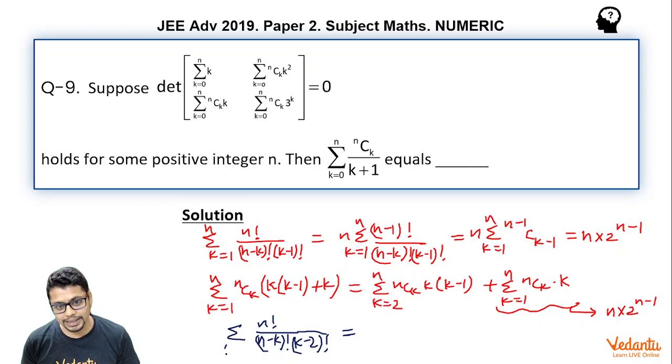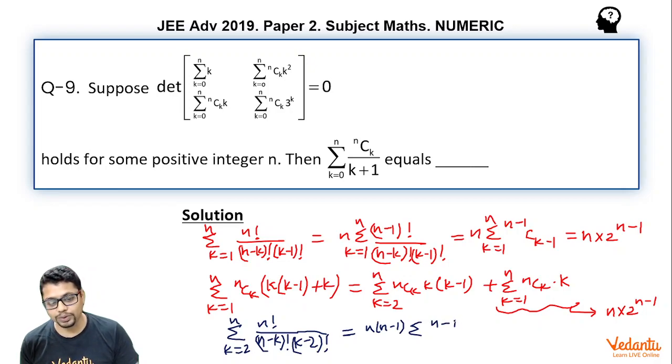So basically as k varies from 2 to n, I can take n minus 1 common from the numerator and it becomes sigma n minus 1, n minus 2 factorial divided by n minus k factorial k minus 2 factorial.